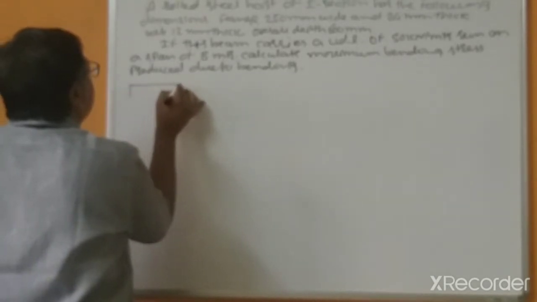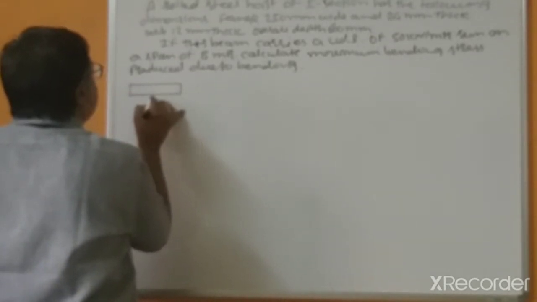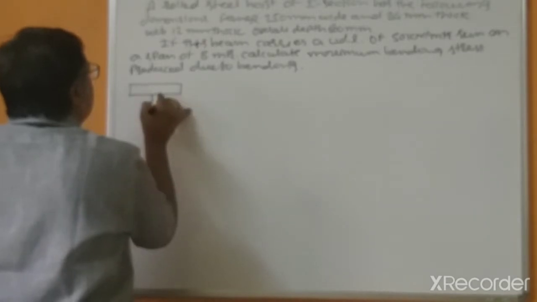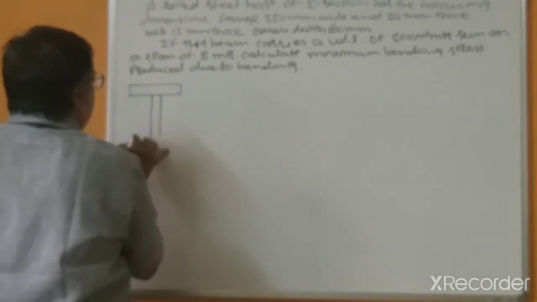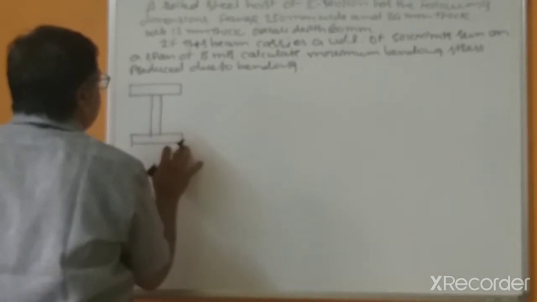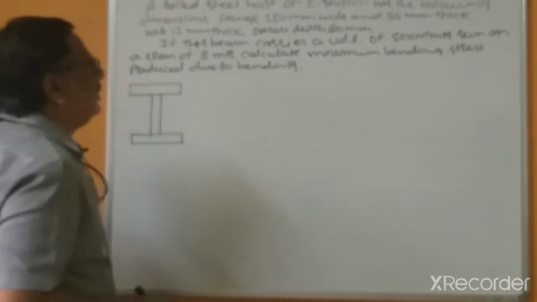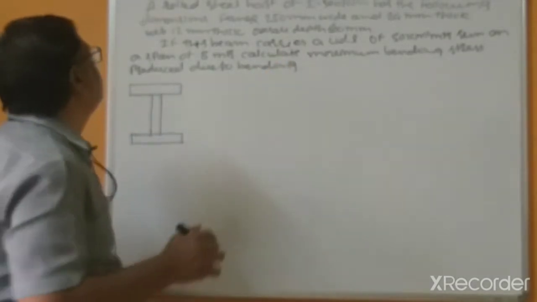Now I section. First I will draw it. It's a two-dimension figure. Now overall depth is given 600 mm.